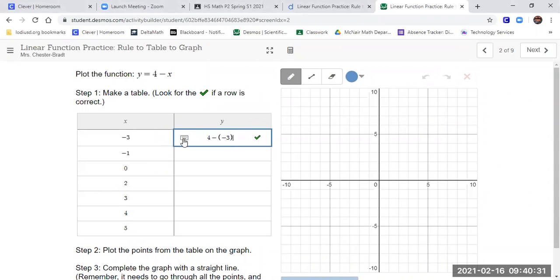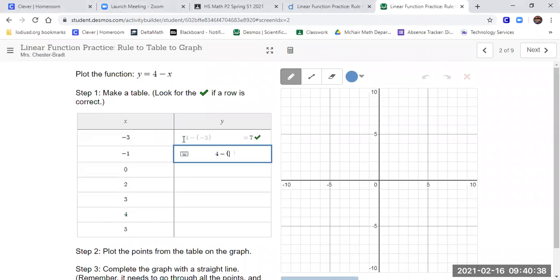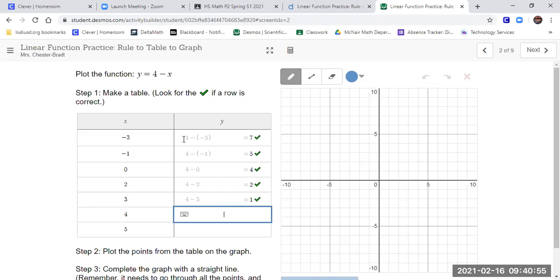I got my check mark, yay. So I can hit tab and go to the next one. 4 minus my x value. Tab, yay, because I got a check mark. 4 minus my x value. Now, once I get to positives, I don't need the parentheses anymore because I don't have to worry about the minus of a minus thing happening.